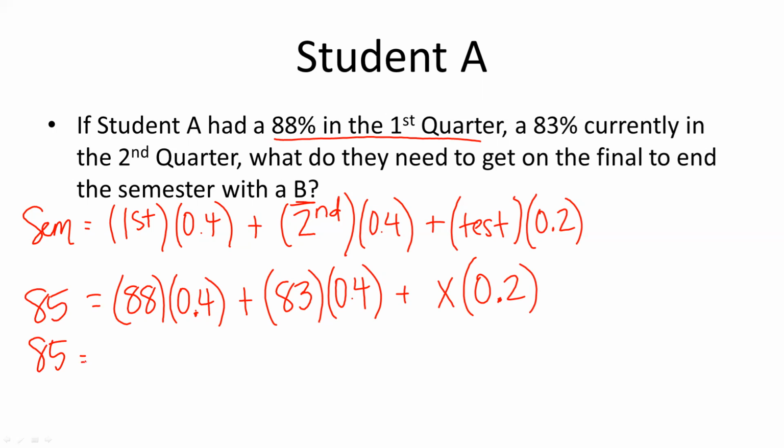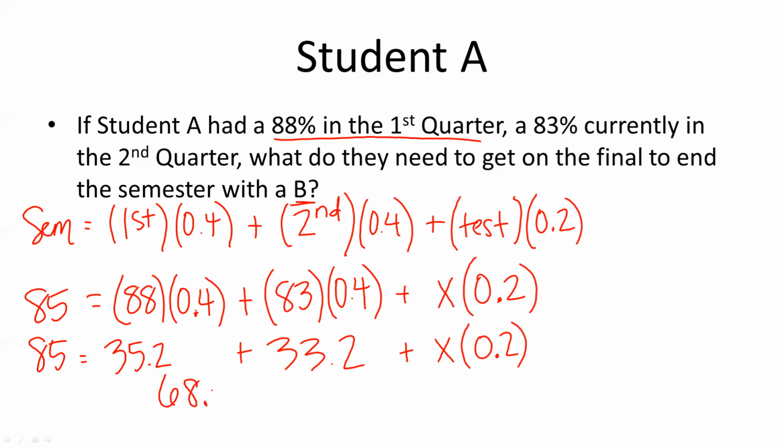So 88 times 0.4 is 35.2. 83 times 0.4 is 33.2. And we don't know X, that's our test score, times 0.2. Okay, so I can add the 33.2 plus the 35.2 and get 68.4 plus X times 0.2.